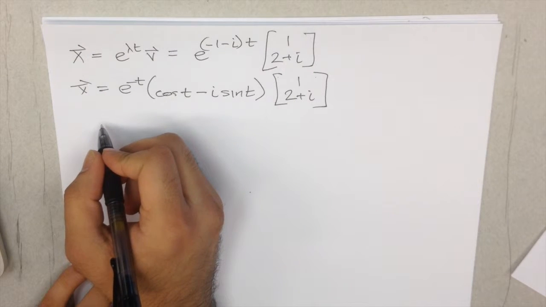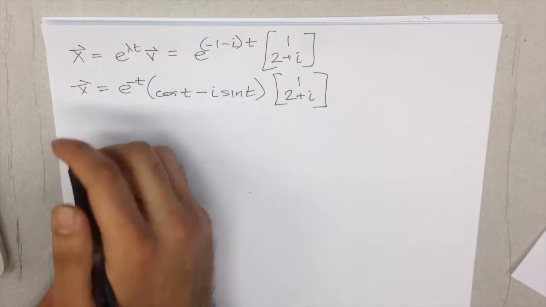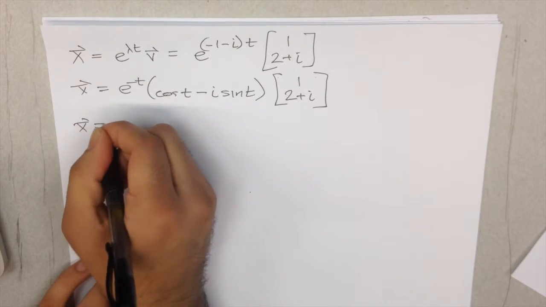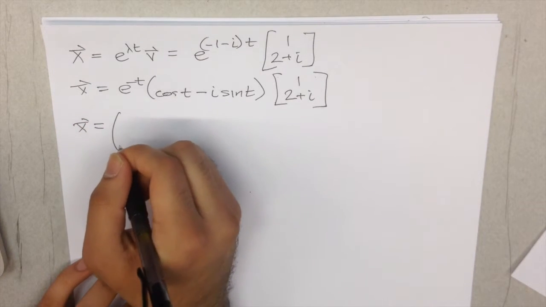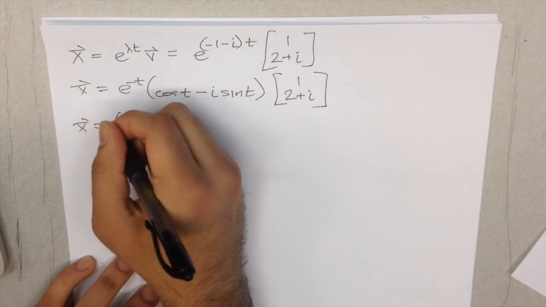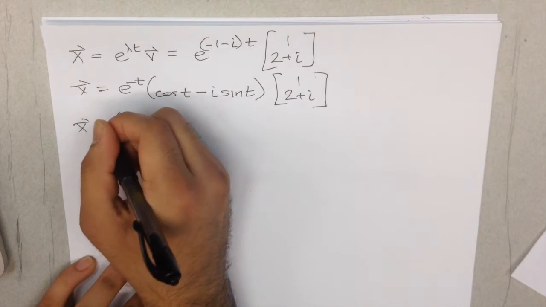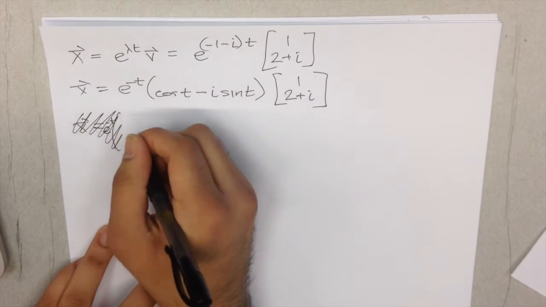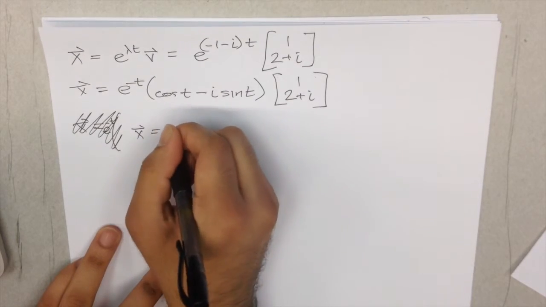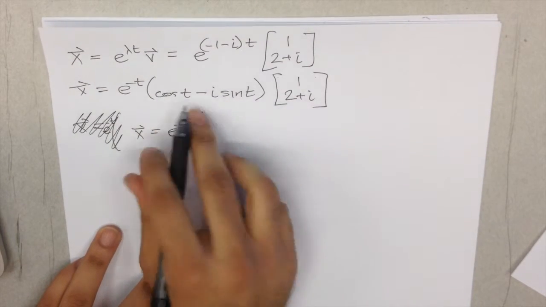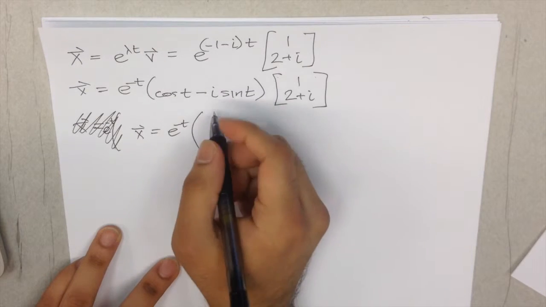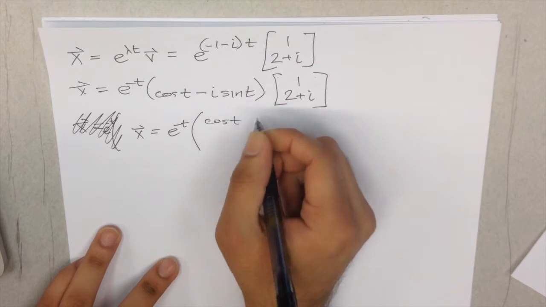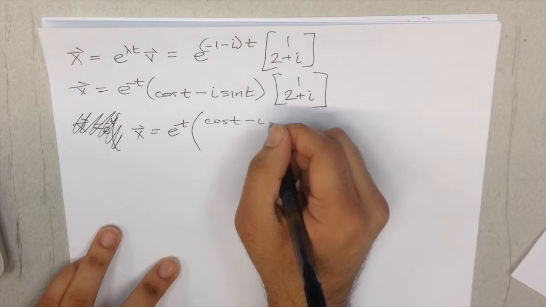So then when we multiply everything out, actually I'll put e to the negative t there. Sorry about that. Actually, let me cross that out. If I do x is equal to negative t, then I'll multiply this out. So I get cosine t minus I sine t.